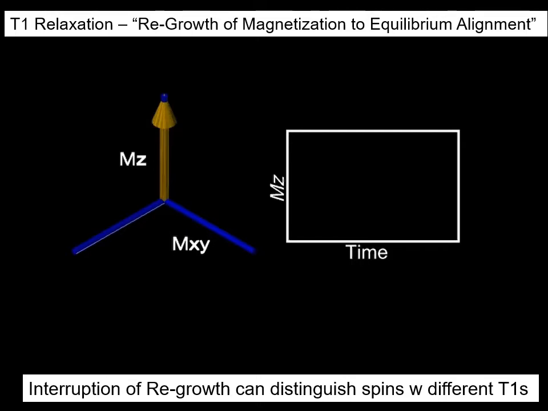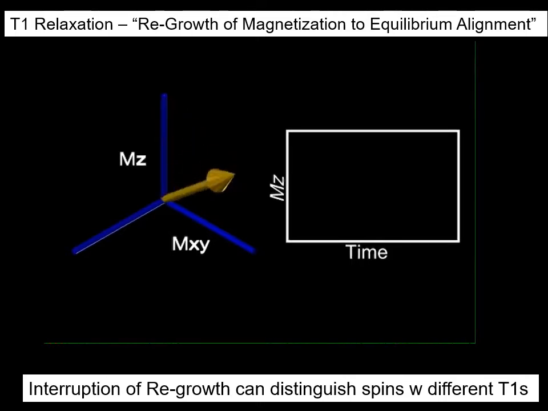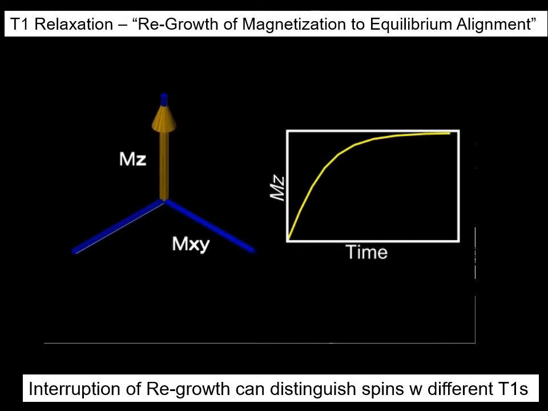Let's watch this animation. Excitation, fast decay, slow regrowth. And as it regrows, it eventually reaches its maximum magnetization in an asymptotic manner, which is proportional to its proton density.